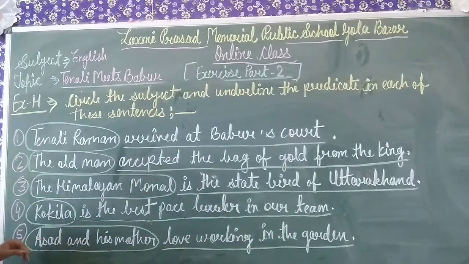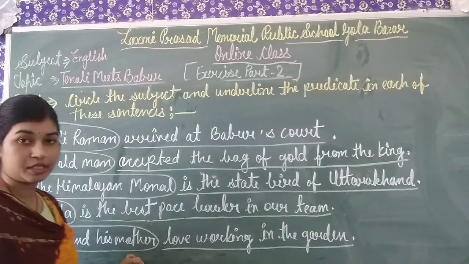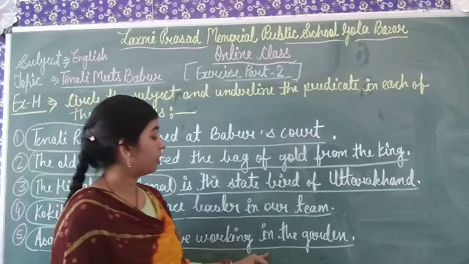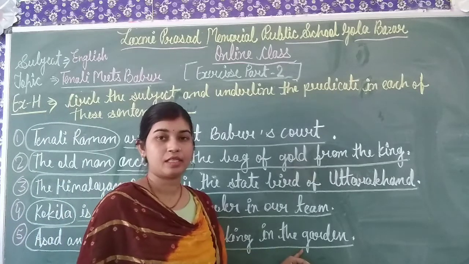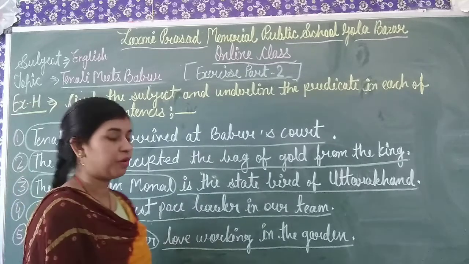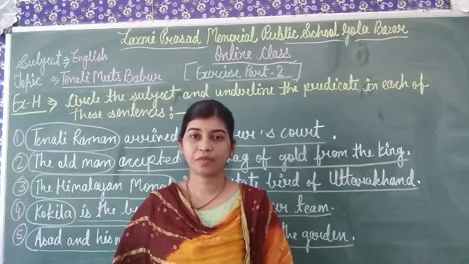Now next, number 5, Asif and his mother is subject and love working in the garden is predicate. Okay. So students, I hope this is clear to you.